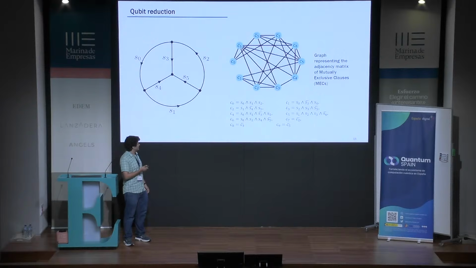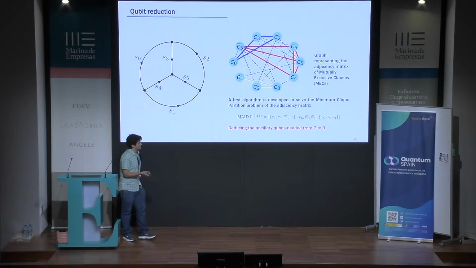So this is like C0 and C3 negated are actually mutually exclusive, because S2 and S2 negated is present in C3, so they can't happen at the same time. Once we do this algorithm, we find the different cliques that are possible.